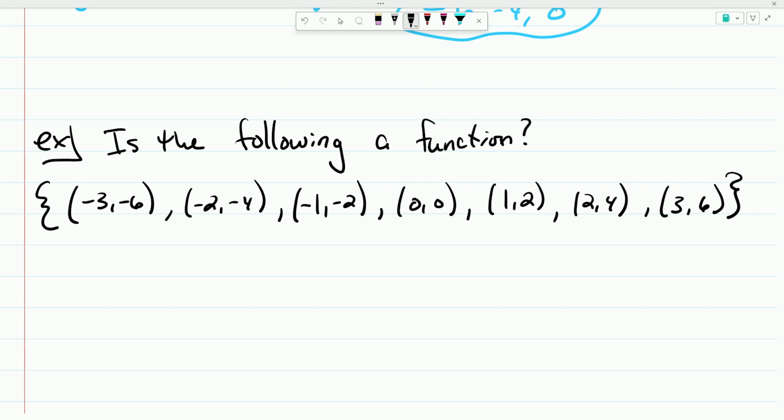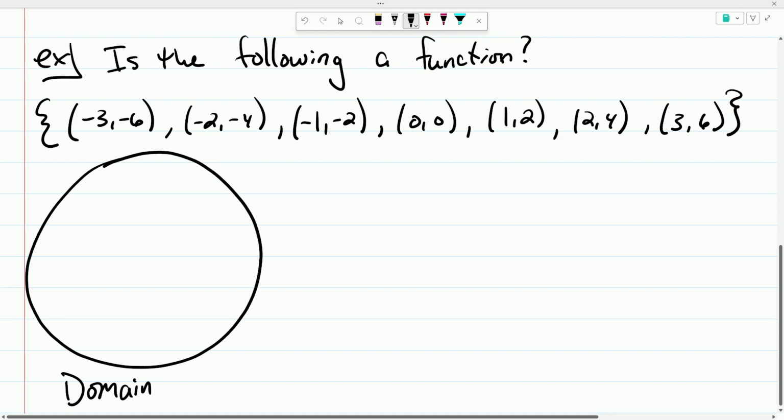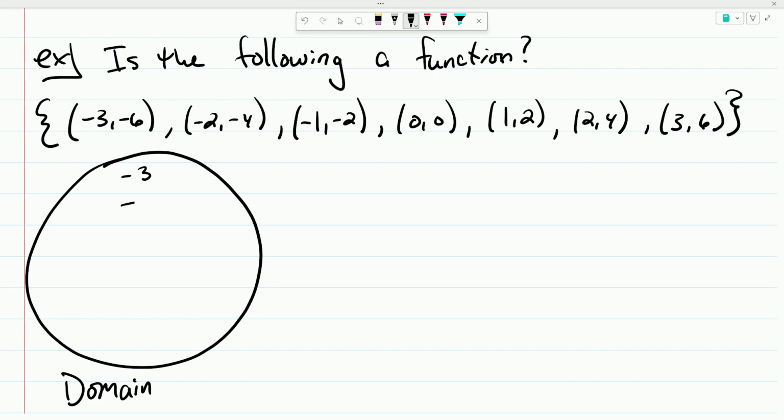Now, in order for us to determine if this is a function, the first thing we're going to do is group our domain together. Remember, the domain is all of the x values. So just scan from left to right: -3, -2, -1, 0, 1, 2, and 3.